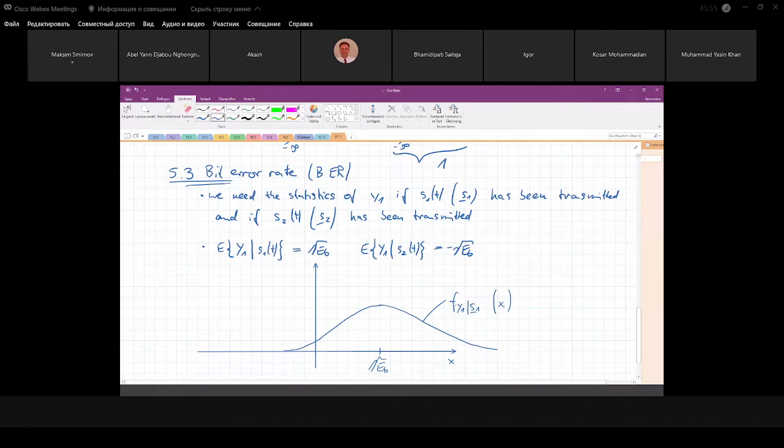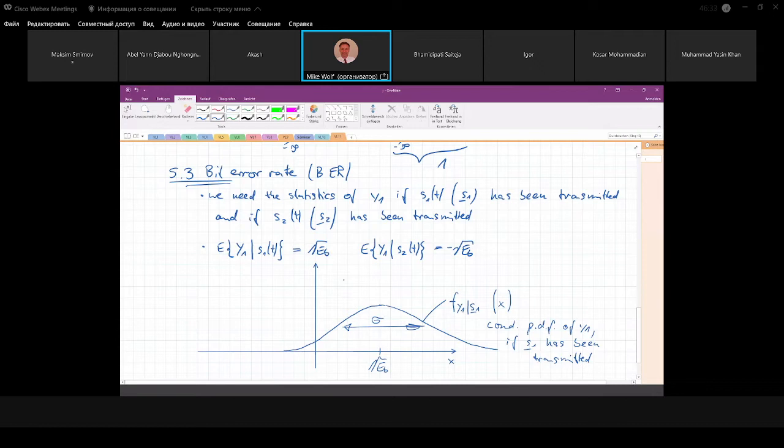It's the conditional probability density function of y1, one of our decision variables, if S1 has been transmitted. X is, of course, the amplitude. If we want to describe the width of this curve, we describe it by the standard deviation.